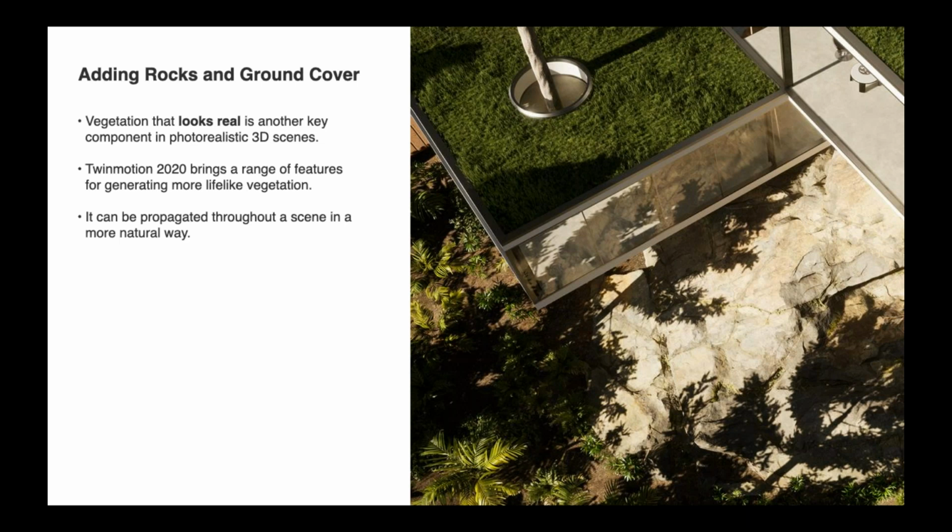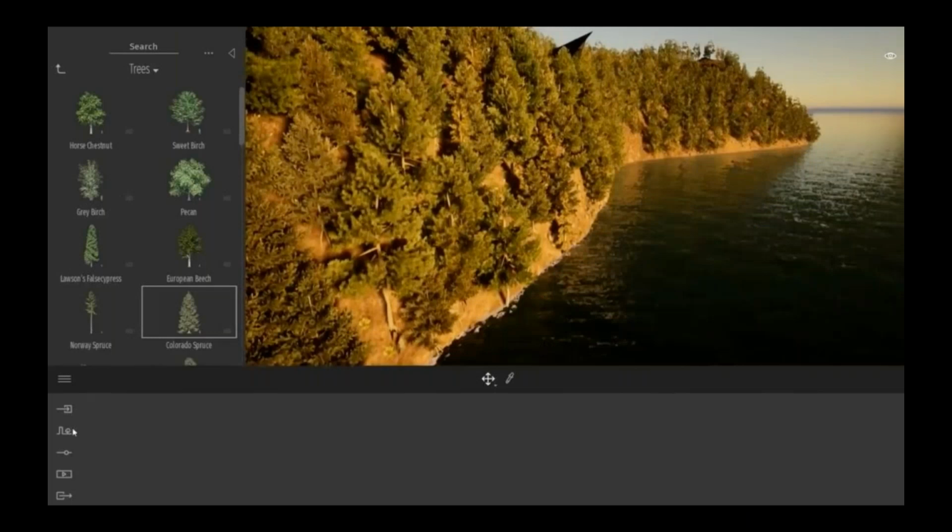So here we're going to look at a new tool they've added in that allows us to create, for example, if we've got water coming in here at the edge of the ocean or the edge of a lake, and we have some stones at the edge as our ground starts to go into the water, that we want to add in.